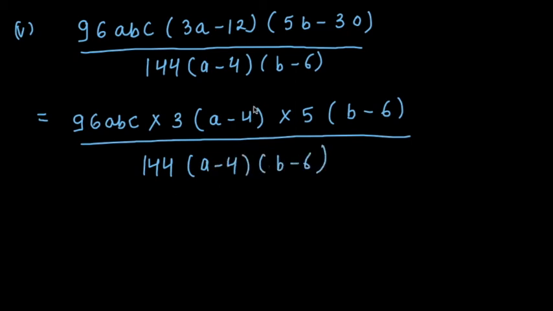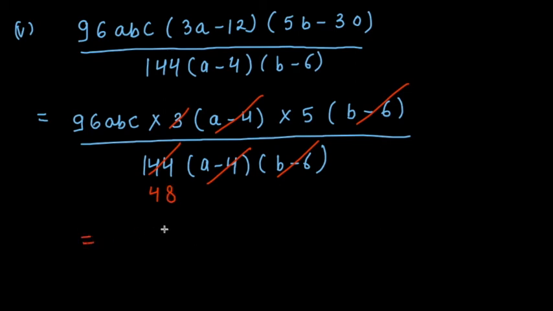Now all the terms are in multiplication, so we can cancel this with this. Now how much will it be? You are getting this can be cancelled with 3 4s are 12, and then you are having a 2 here, which gives you 48. Right?